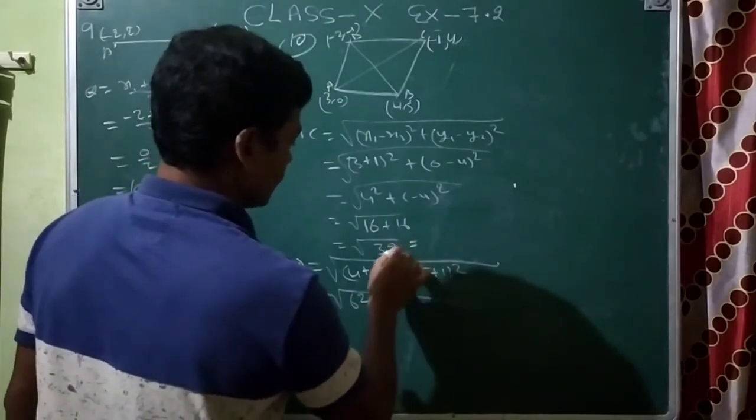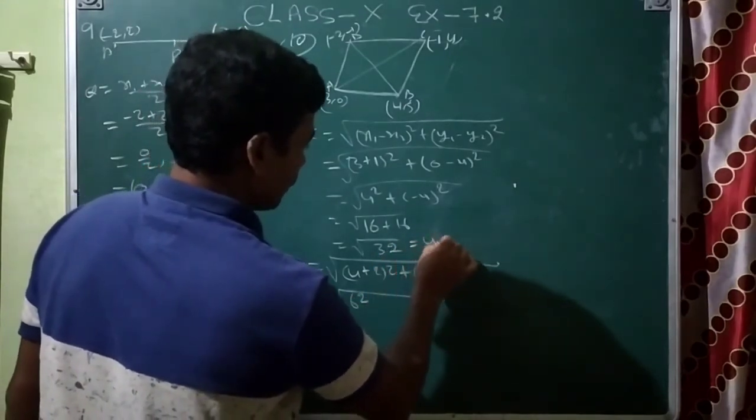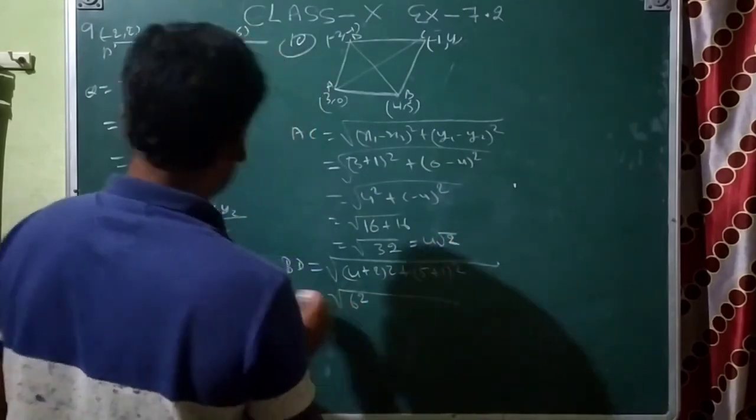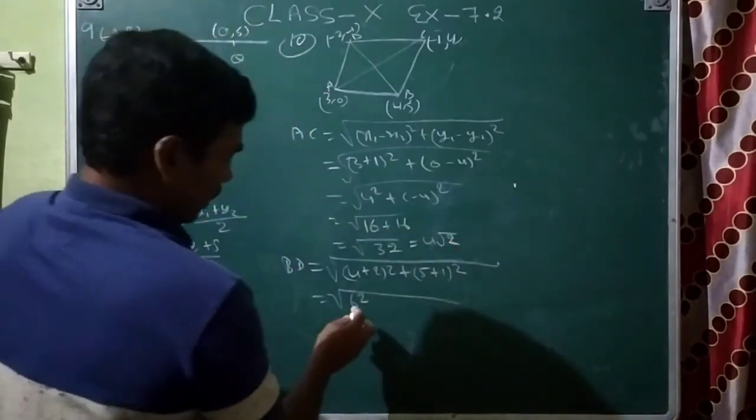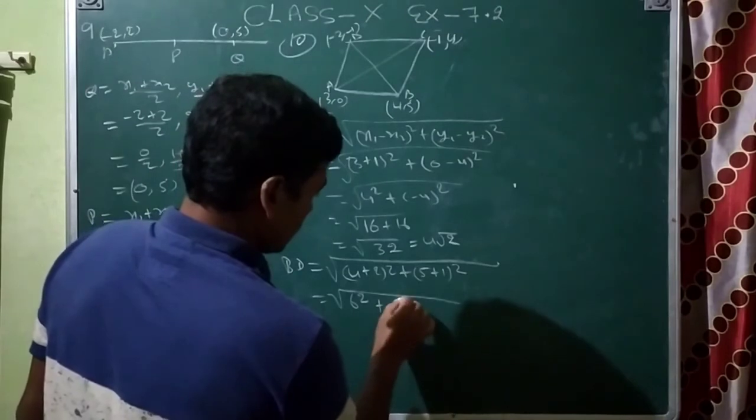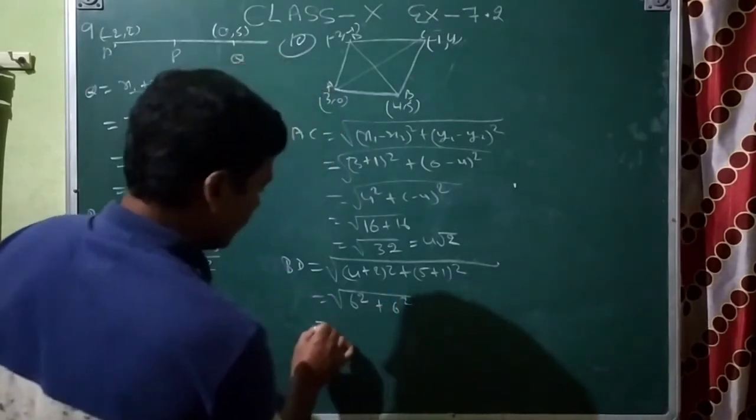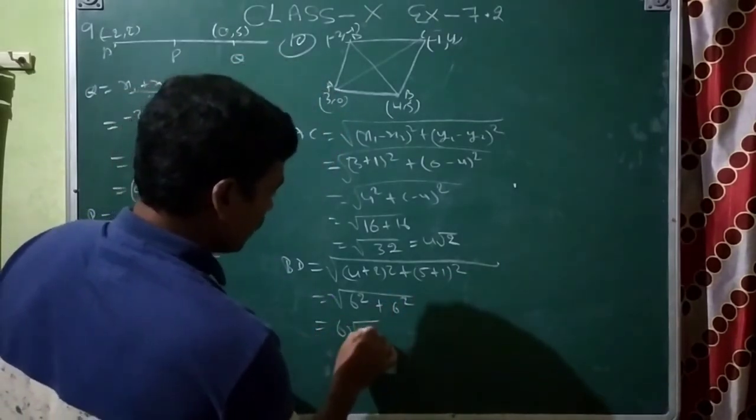We can write AC as 4 root 2, and BD as 6 root 2.